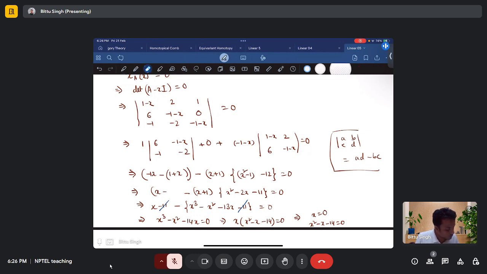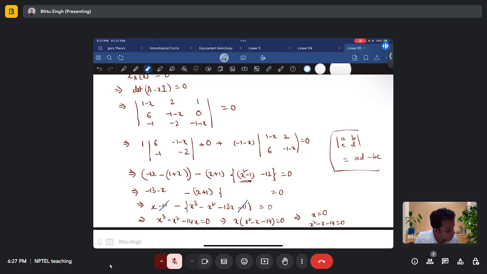This is actually x minus x plus 13. Minus x minus 13, that is, we can write minus 13 minus x. And after this, oh sorry, this is actually x square minus 1, not x minus 1 whole square.